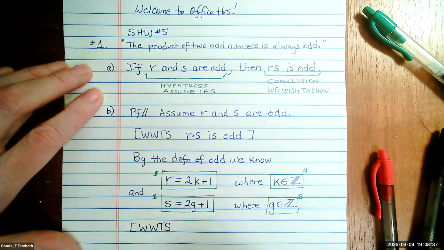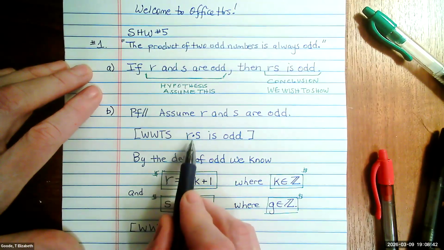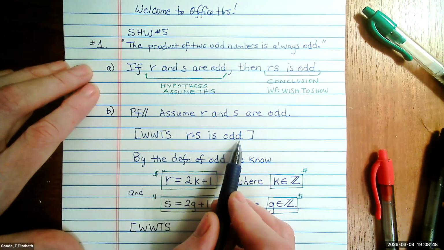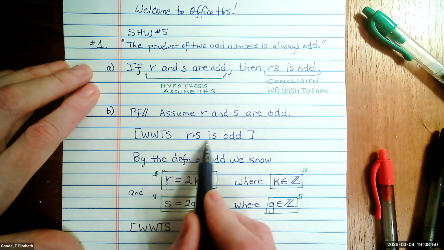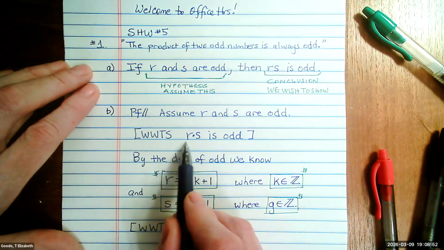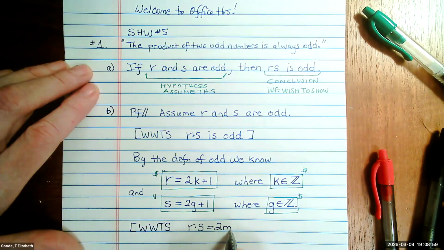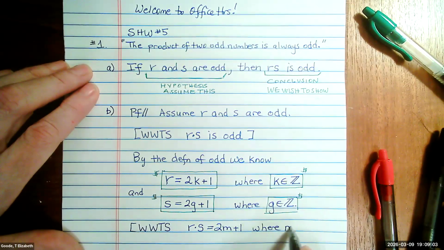Yep, we're going to do the algebra, we're going to substitute, but I just want to point out that it's okay to revisit your wish to clarify the work that you have to do in order to get this conclusion. We wish to show R times S is, say, 2M plus 1, where M is in Z. See, that's the work we have to do.